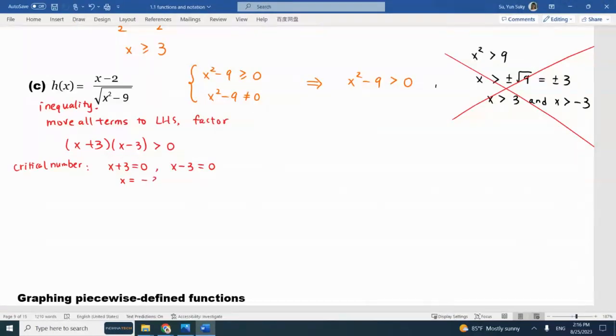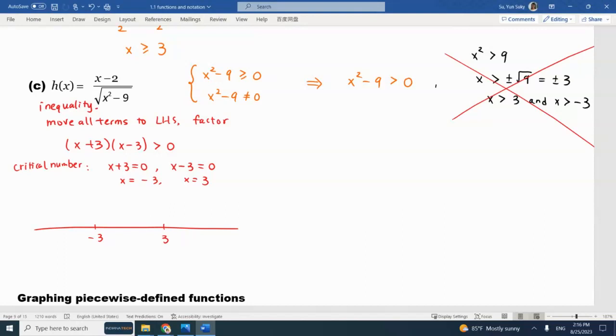So it would be -3 and 3. These are the two critical numbers. After you get the critical numbers, you draw the real number line and mark those critical numbers. So -3 here and 3 here. So far, so good, everybody?